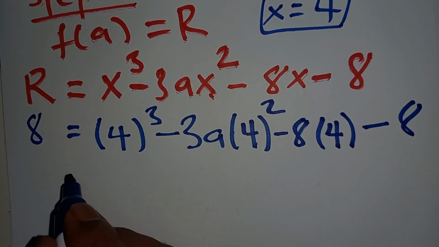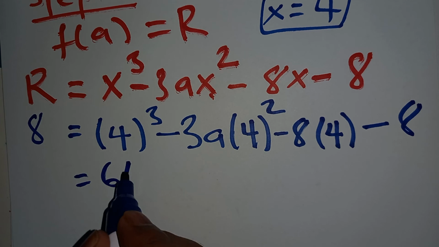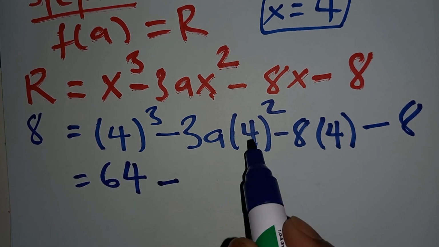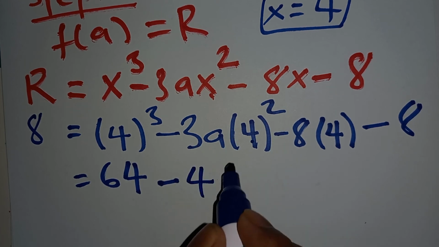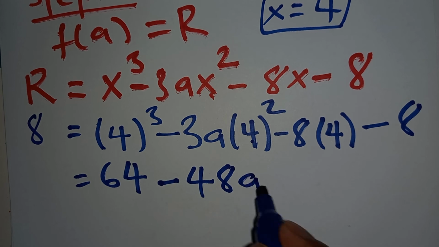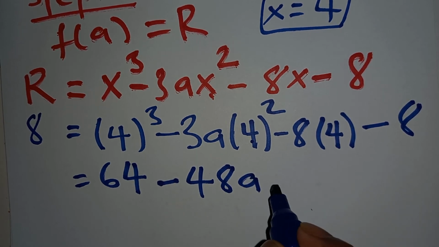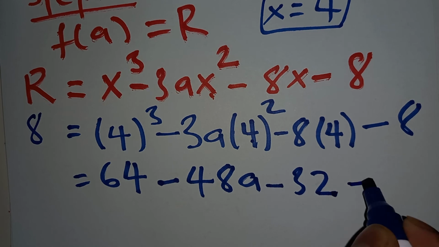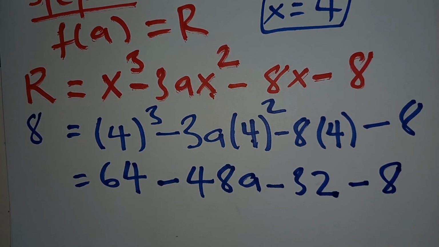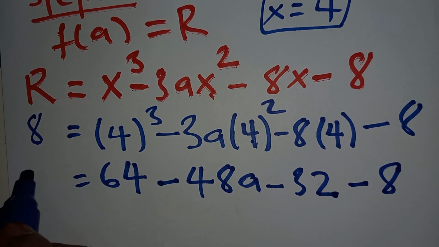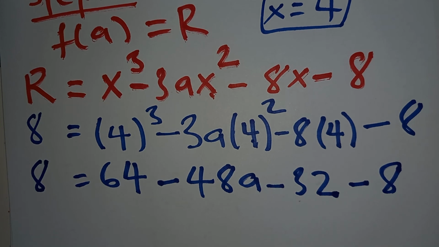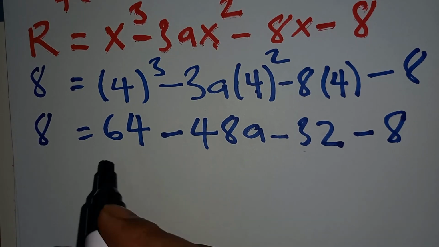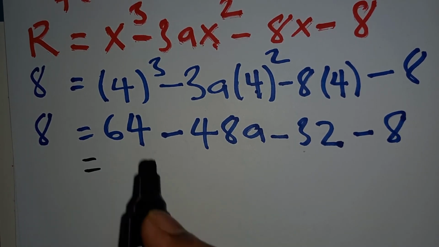right? Now if you do that, 4 cube is equal to 64 minus 4 squared is 16 times 3 is 48, and you have a here, and then 8 fours are minus 32, and then minus 8, right? Now all the like terms you can add and subtract them. So 64 minus 32 minus 8, those are all like terms, right? So you can take care of that. That will be basically 24.